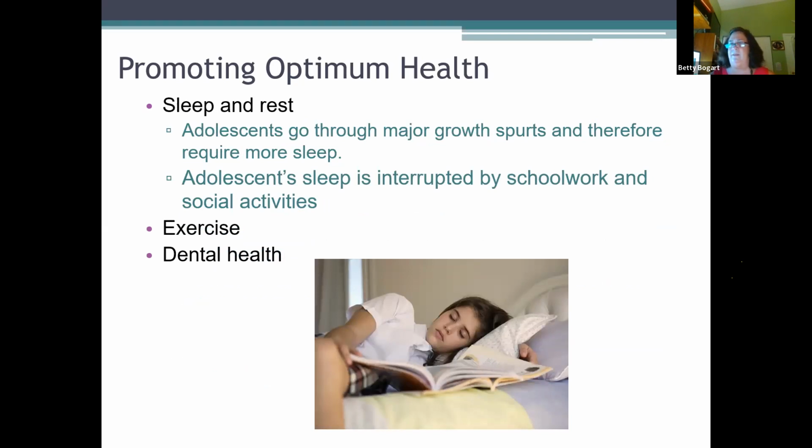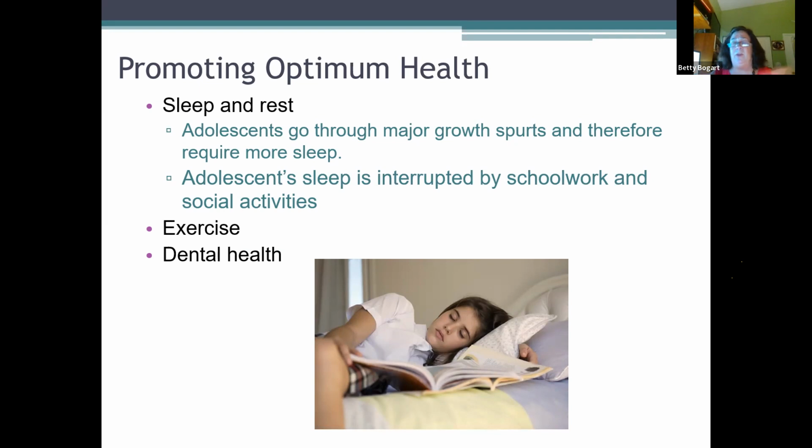Now, adolescents, remember the beginning, they've grown 20 to 25% of their total height, right? Their nutrition should be the best, so should their sleeping. But guess what? They don't have time to sleep. They're busy studying, doing their homework, trying to get those grants for school. They're also at the mall with their friends, playing sports, in the band, in this club, that club.